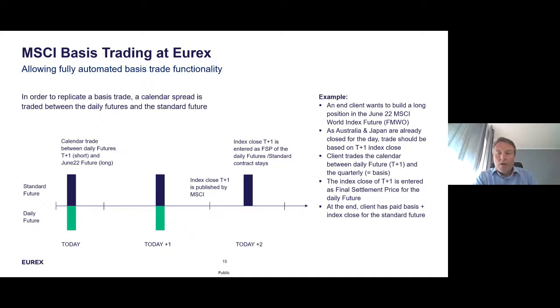That index close level of T+1 is published by MSCI in the night between today +1 and the day after. Once this index close is there, this daily leg expires into this index close. Then you are only left with the standard future, and for that standard future, you have paid the index close plus the basis.